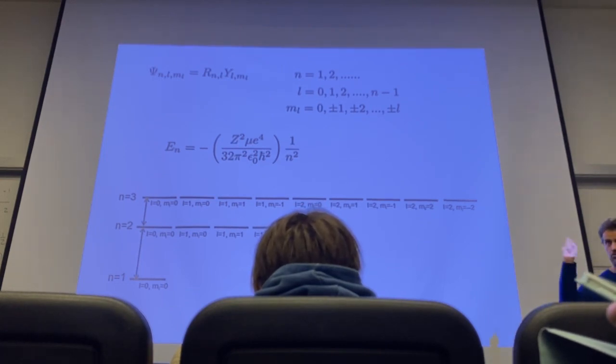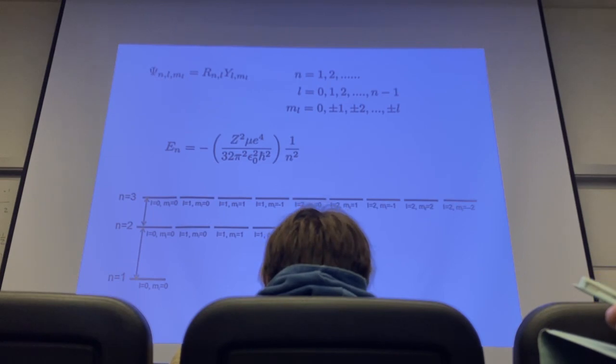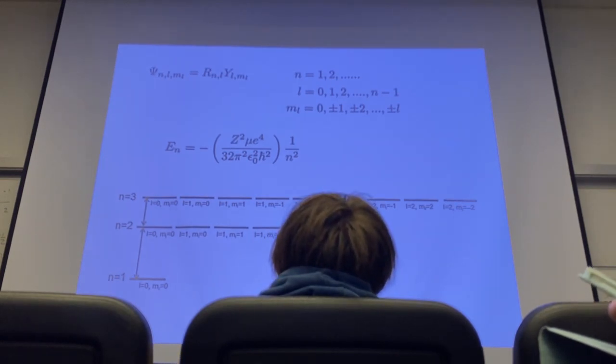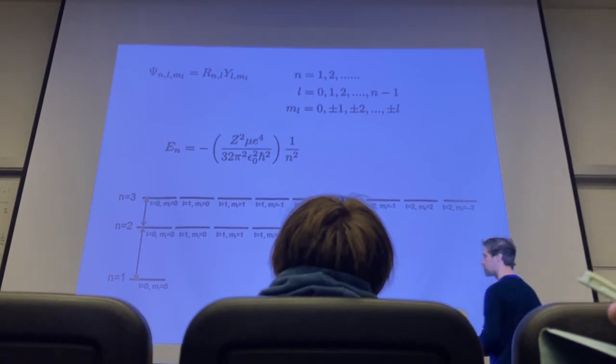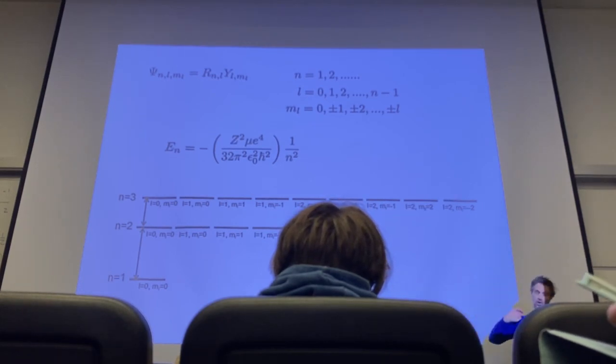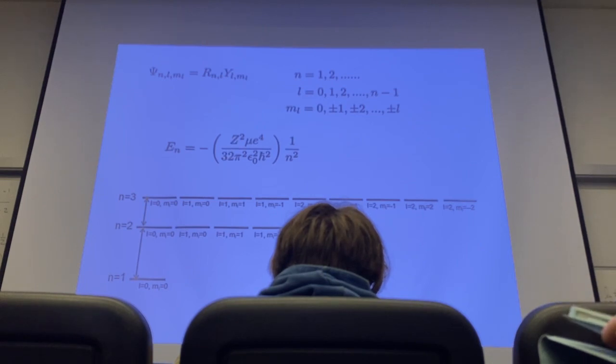Not at the same time, one at a time. They're all different, they all are orthogonal to one another. That's another thing because it's a complete set, a complete set of eigenfunctions of the Hamiltonian. All of these wave functions you see here with specific energies, they're all mutually orthogonal.